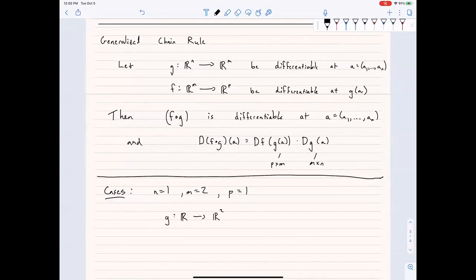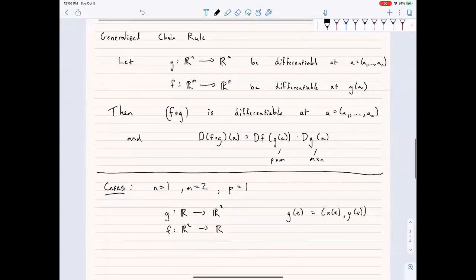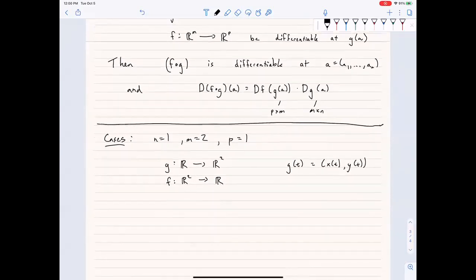F is a scalar valued function from R2 to R. So we can write G of t, with a parameter t for our domain, as x of t, y of t. And we can write z equals f of x, y.